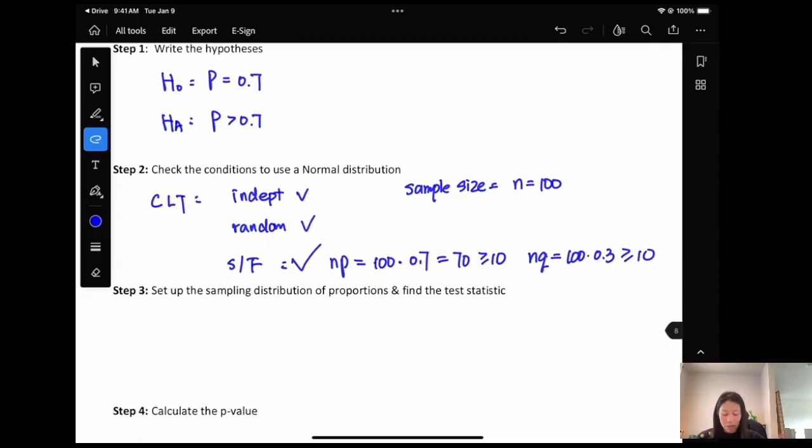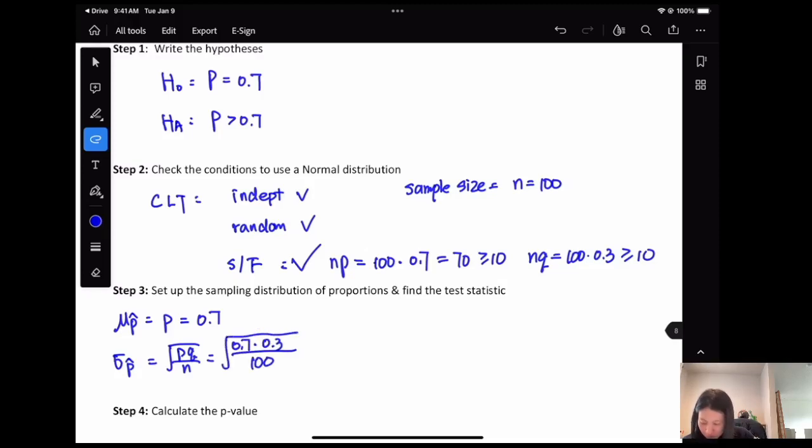Okay, set up a sampling distribution of proportion. Our mu p hat is equal to our null hypothesis, which is p, which is 0.7. Sigma p hat equals the square root of p times q over n, which is 0.7 times 0.3 divided by 100, take the square root. So this is equal to 0.048458.